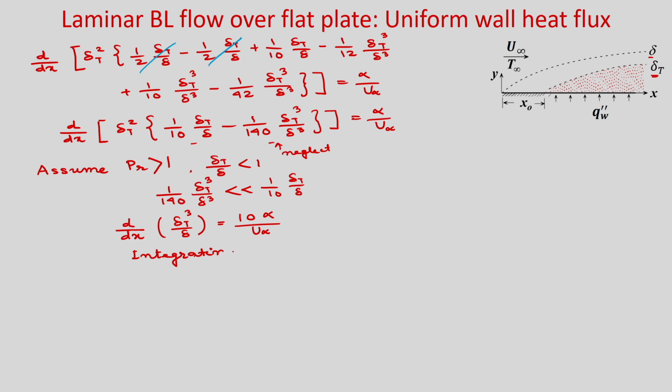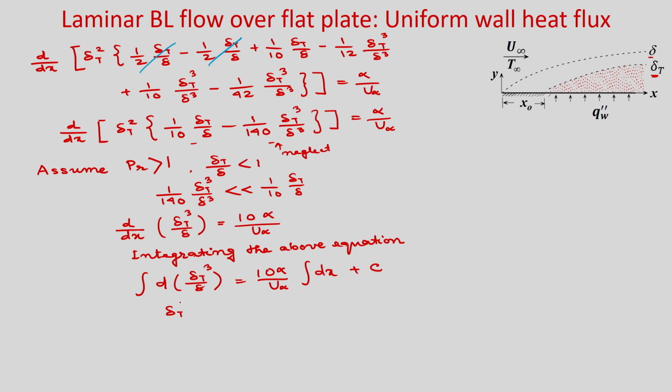Integrating the above equation, integral d of delta T cube by delta is equal to 10 alpha by u infinity. You can see these are constants, okay. Integral dx and you have one integration constant.